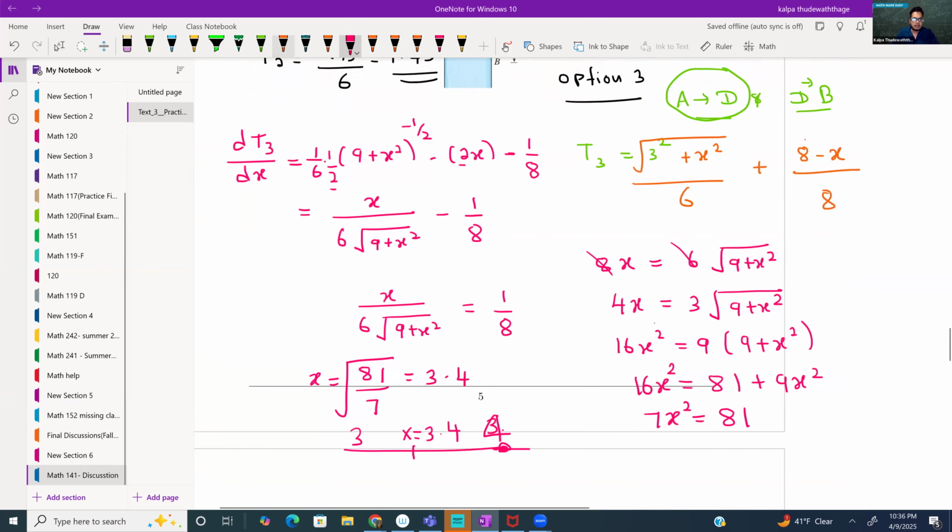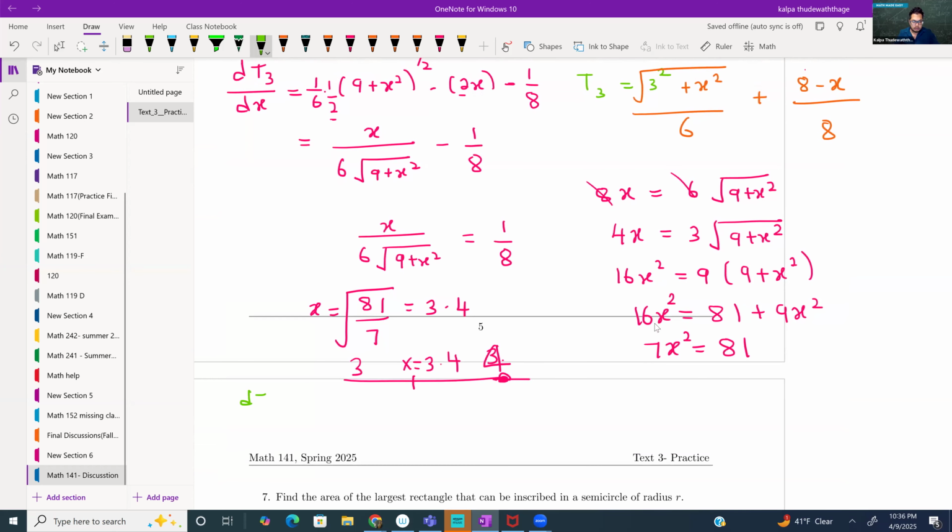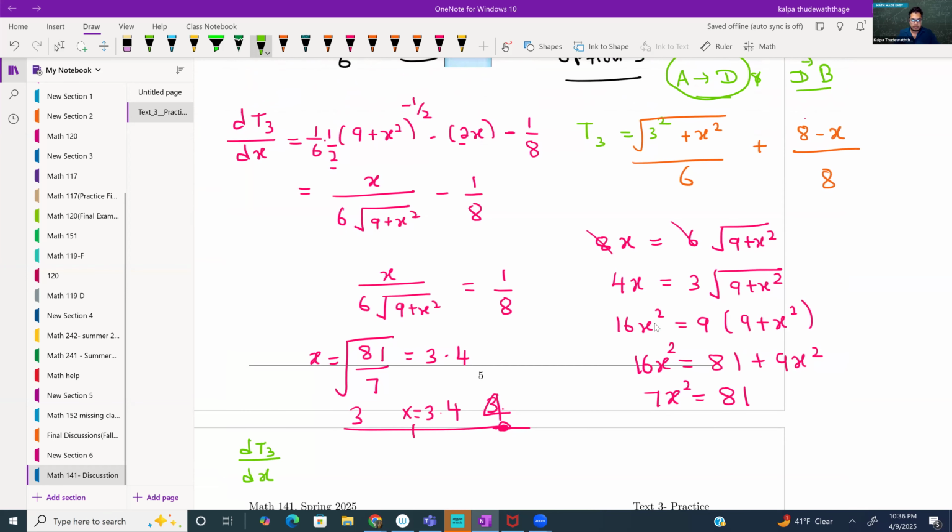If you plug 3 into your first derivative, dT3 over dx, what happens? It's 3 over 6 square root of 18, minus 1 over 8.